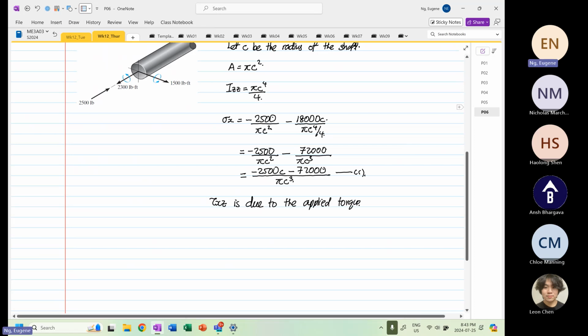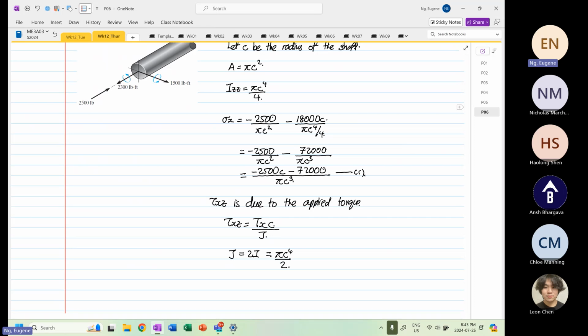The formula that we're going to use is shear xz equal to T x C over J. We know that J is equal to 2I, so we have found our I. So J is pi C to the 4 over 2.